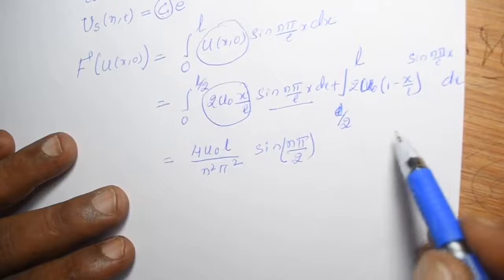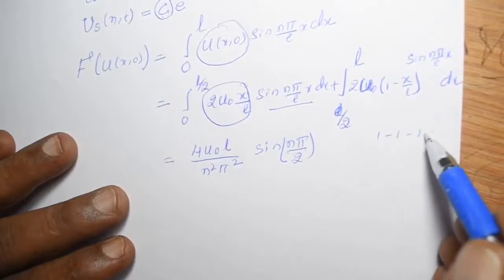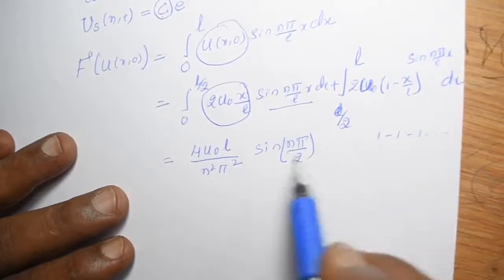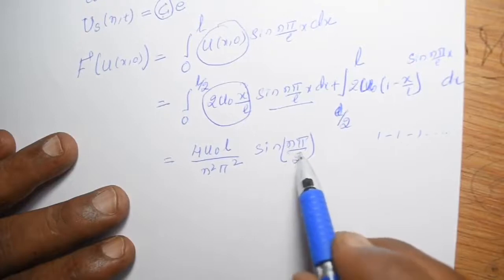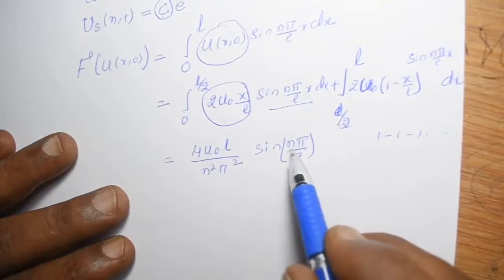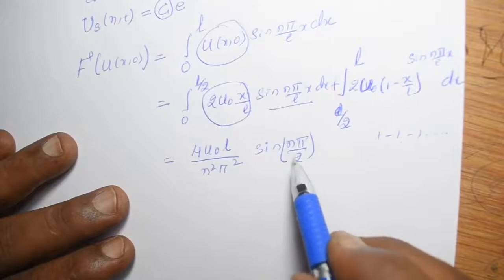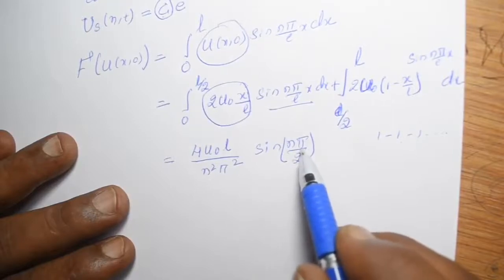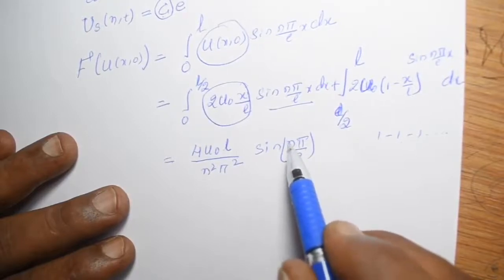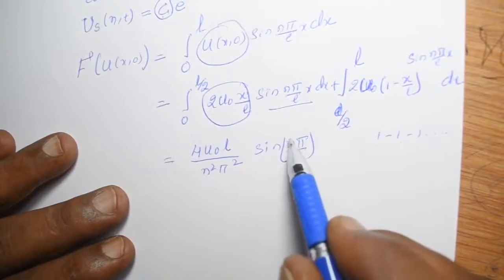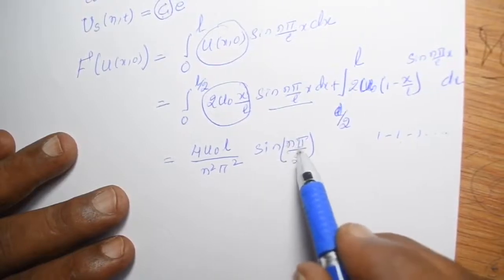Like that it varies: plus 1, minus 1, plus 1, minus 1. When n is even, when n is 2, it becomes sin π, whose value is 0. When n is 4, then 2 twos are 4, there will be sin 2π.